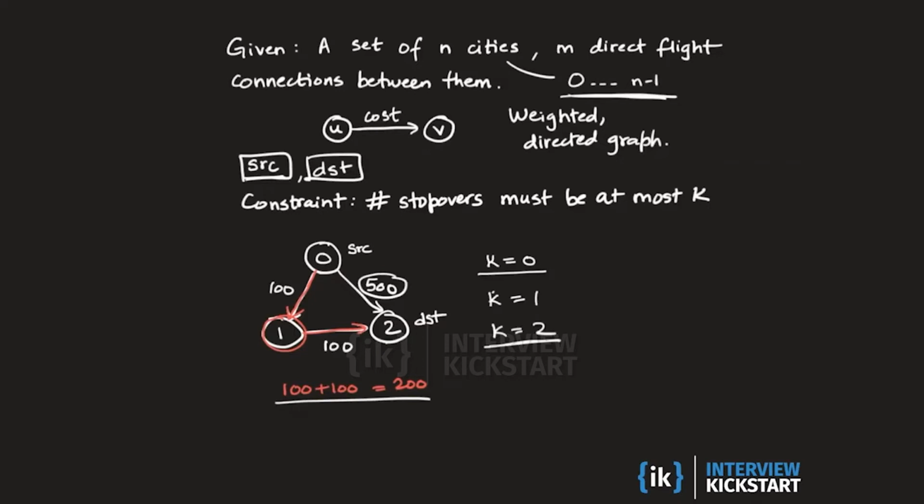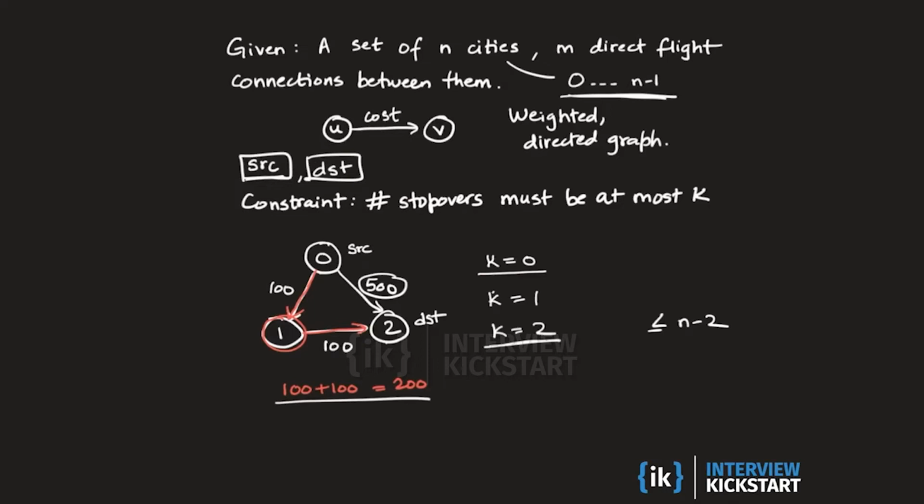And so we cannot have any repeated vertices, which means our number of stopover points from the source to the destination could be at most n minus 2. Excluding the source and the destination itself, we could have at most n minus 2 other stopover points along the way, along the shortest path.